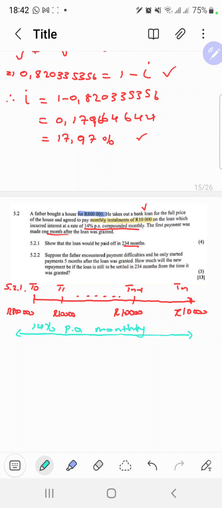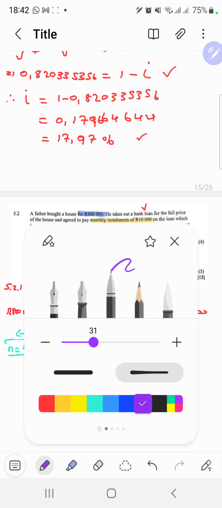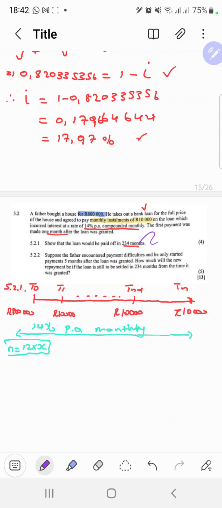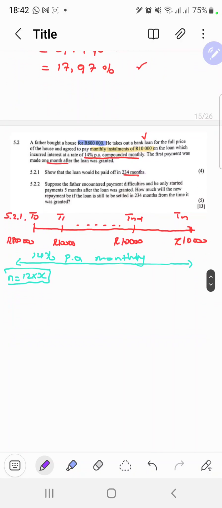And then, of course, guys, what is important here? n is literally going to be 12 multiplied by x. That means that n over the Tn is basically 12 multiplied by x, because we don't know. We just want to find out. And they're telling us that that should be 234. So we need to find that one out.